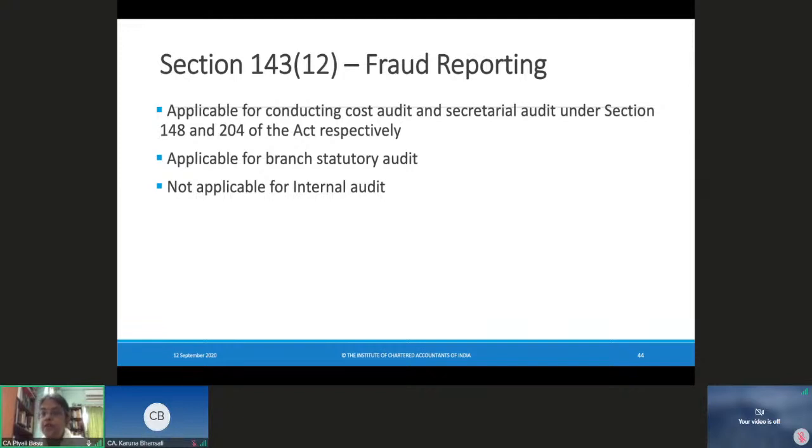The auditor didn't identify the fraud, but management themselves identified it by some mechanism, it has been dealt with, and the auditor has been informed. If the auditor is not informed and he has identified it, then naturally it becomes a fraud identified by the auditor. But if it is identified by management and the auditor is also informed, it is not required to be reported again by the auditor under section 143 subsection 12.